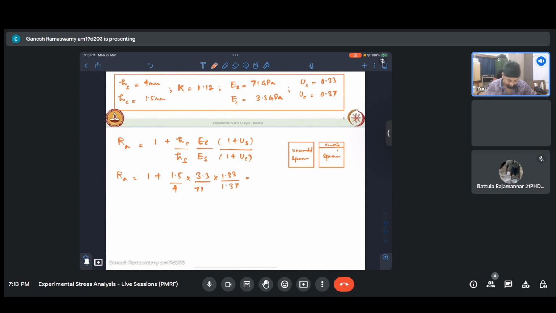So what does this come out to be? 4 into 71 into 1.37. So this comes out to be nearly 1.0619, which is close to 1.02. So we can see that it gives a variation of 2%, which is not much, but nonetheless, if we are to account for it, we have to account for it.